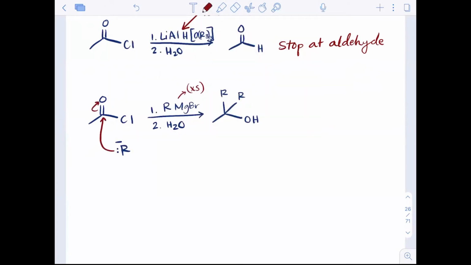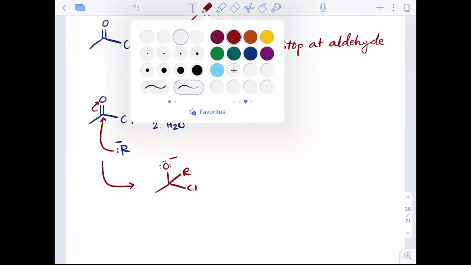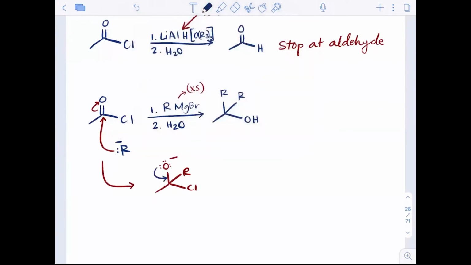Carbon will add onto the carbon of the carbonyl, forming that tetrahedral intermediate. The first product is going to be that of a ketone once the chlorine is substituted. Nice. Can't stop, won't stop.